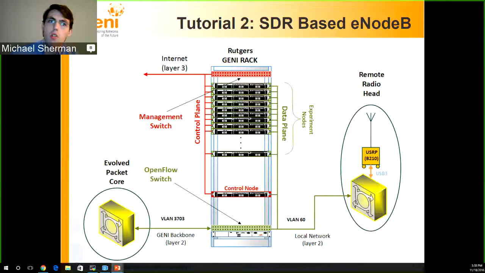And so that's all the baseband unit and the GENI rack part is provisioned via the GENI interface shown before.